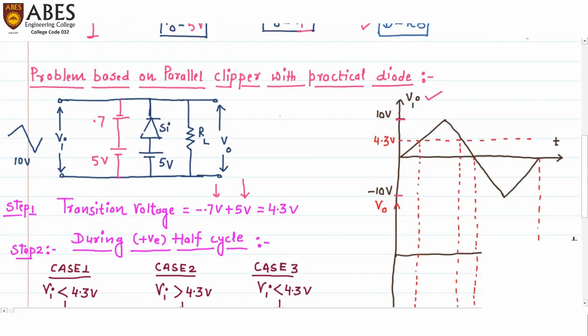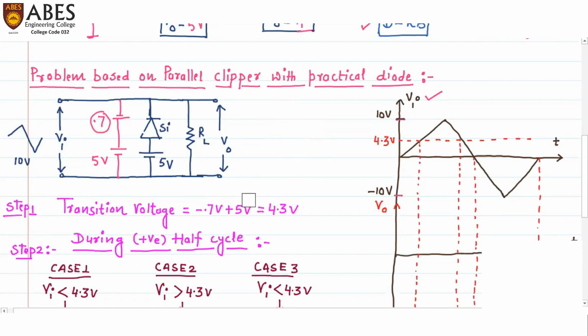Because in the first numerical, I told you that in any numerical of a parallel clipper, if the battery is connected like this, the voltage will be negative, and if the battery is connected like this, the voltage will be positive. So this 0.7 will be negative and this 5 volt will be positive. The total transition voltage comes out to 4.3 volts. This is how we can calculate the transition voltage in case of a practical diode.